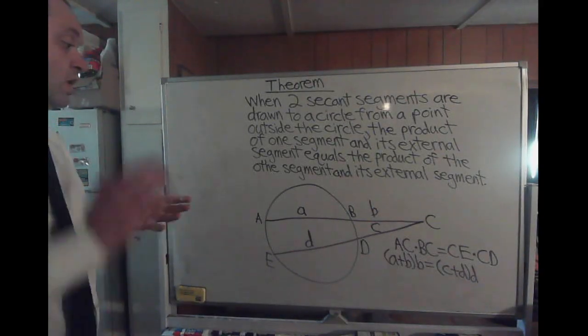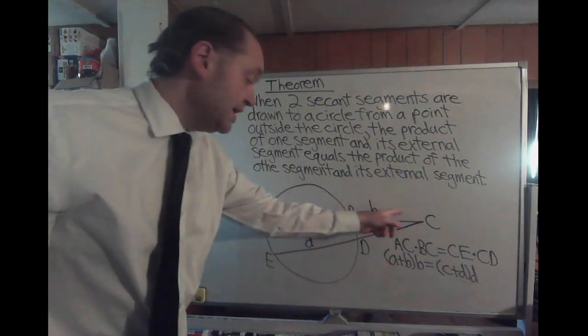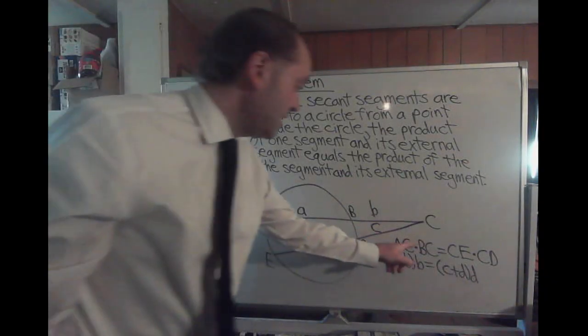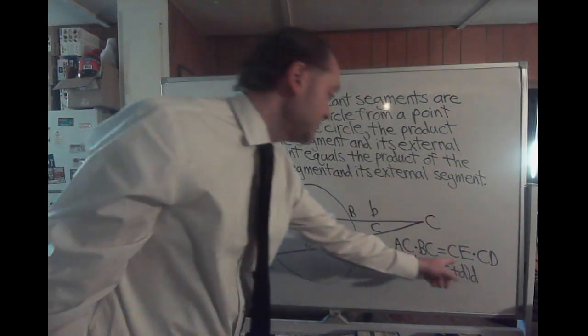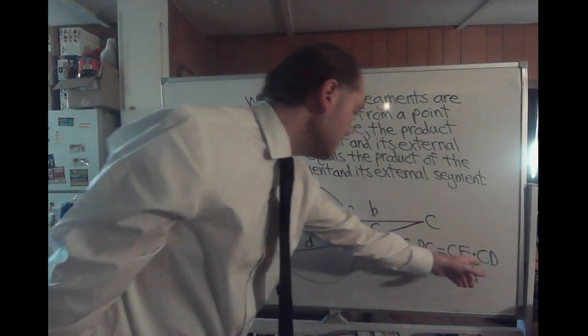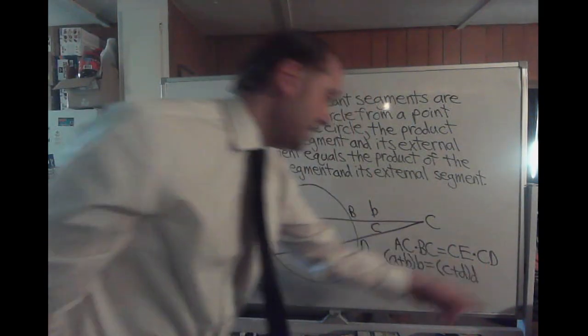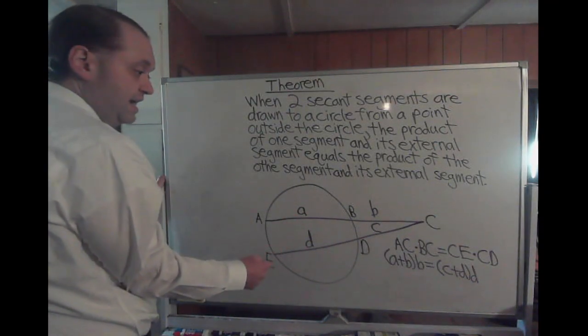Well, what this is saying is you would take the length of the whole segment AC times just the outer portion, which would be BC, set that equal to the length of the whole segment CE times its outer portion CD. And then you notice the corresponding lengths.